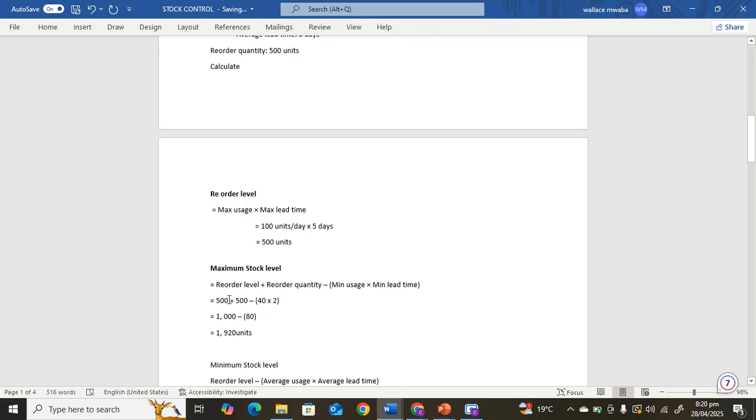So when we substitute the numbers in, 500 plus 500 is 1000. 40 times 2 is 80. 1000 minus 80 is 920. So the maximum amount of nails we must have in our shop is 920. That's the maximum you should have. Any questions?